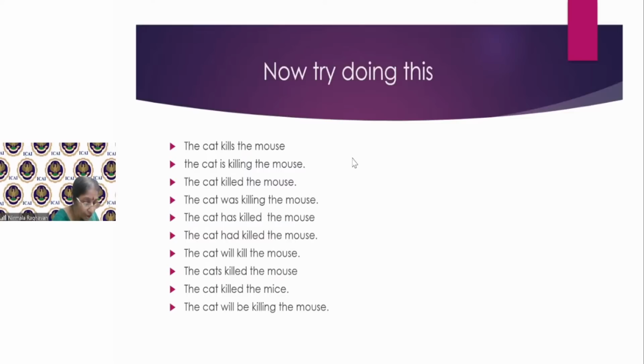Don't post your answers here, please. Write it in your notebook because each sentence is of a different tense. Okay? And this is for you to help you understand how it should be changed with the different tenses. So write it down. Don't post it here.